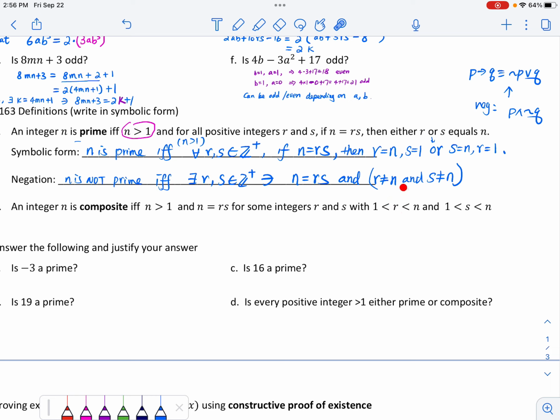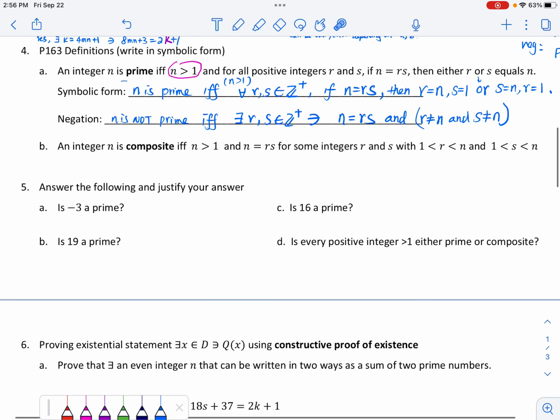That means s and r have to be less than n, so that their product is equal to n. Do you see that? This is actually the definition of the negation of prime. So the negation of prime is the composite number. They are mutually exclusive, as they are negations of each other.